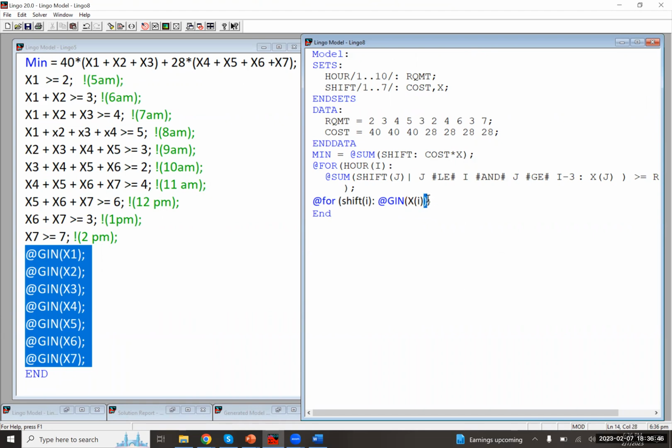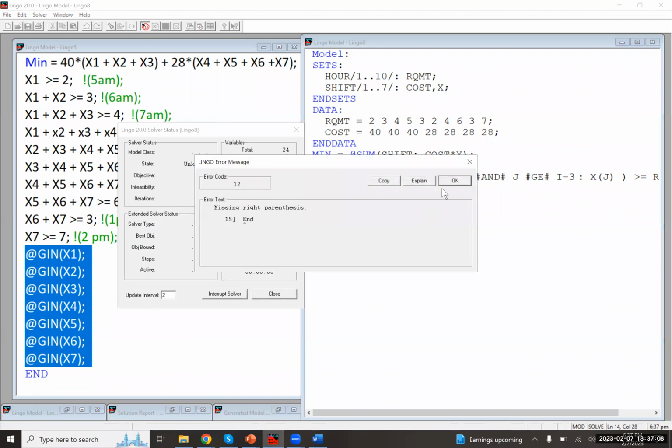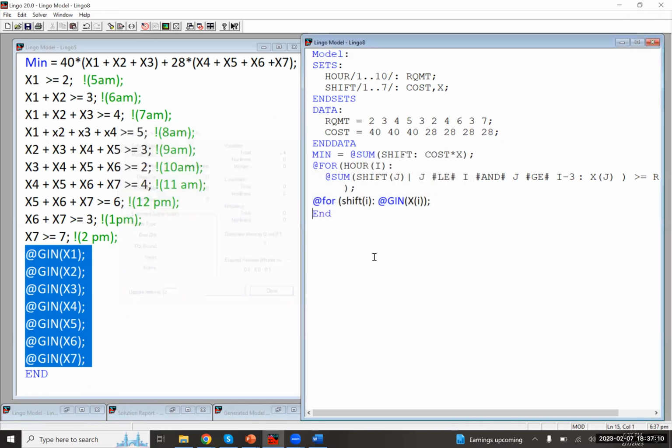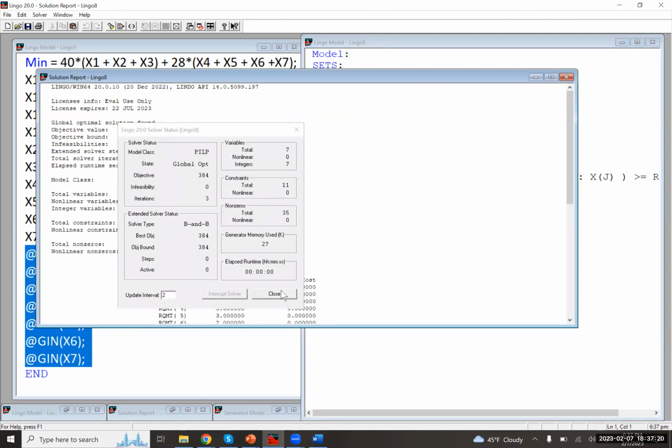Okay, if I press, oh, I missed the parentheses. Now it's matched. Should be okay right now.